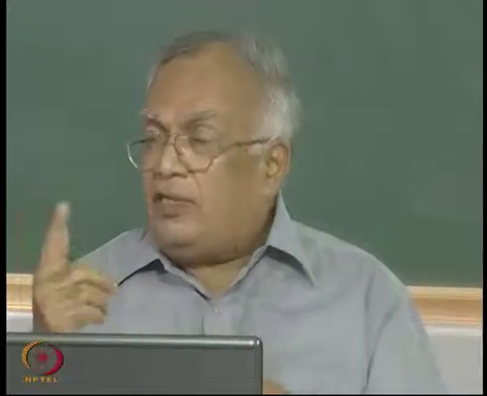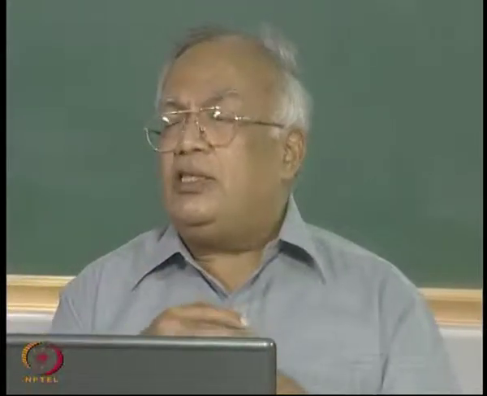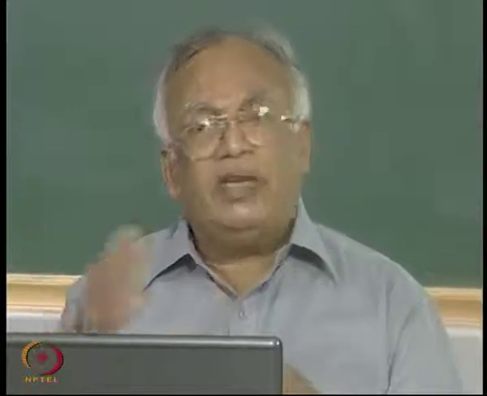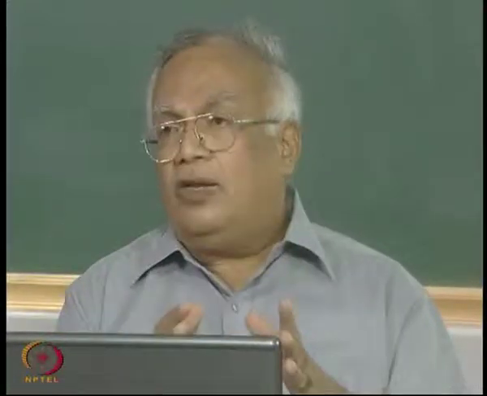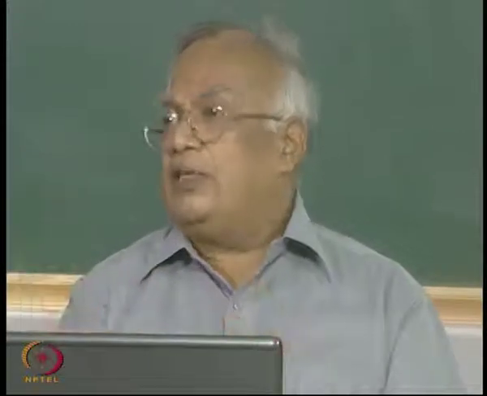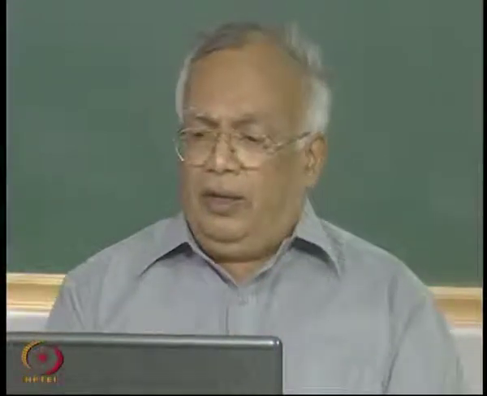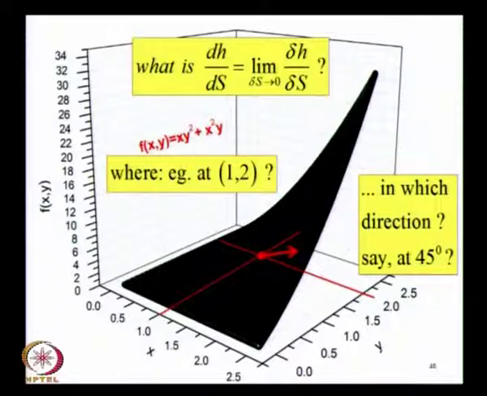But now we have learned another way of doing it, which is using a combination of vector algebra and vector calculus, that you can get the directional derivatives just by doing calculus or also by using vector algebra and vector calculus. Our problem was this: what is this directional derivative at a given point in a given direction.